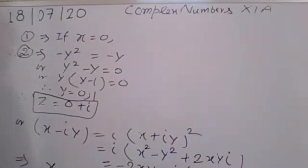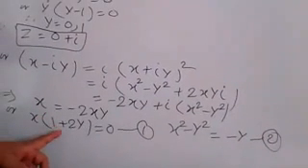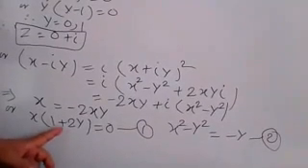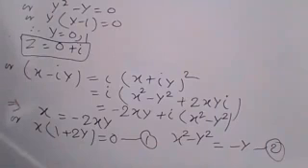Now come back to the first equation and take its second factor. Here you have y is equal to minus 1 upon 2.